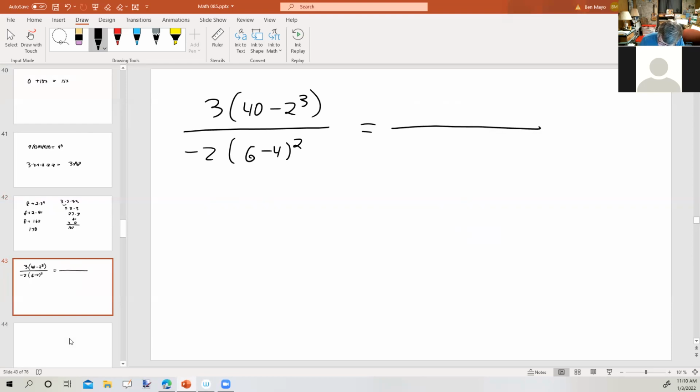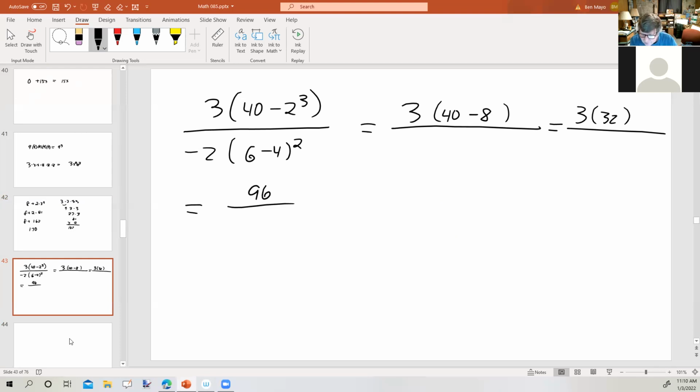We'll start at the top, inside the parentheses, with the exponent. 2 cubed: 2 times 2 is 4, times 2 is 8. Then 40 minus 8 is 32. And 32 times 3 is 96. So the entire numerator simplifies down to 96.